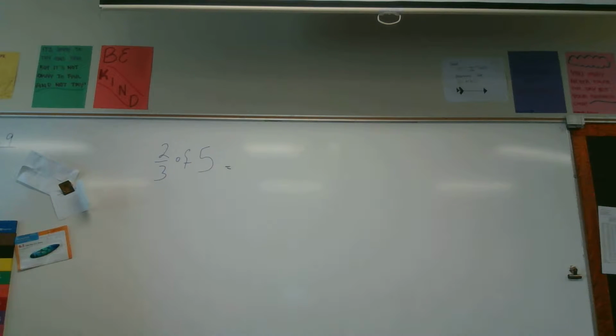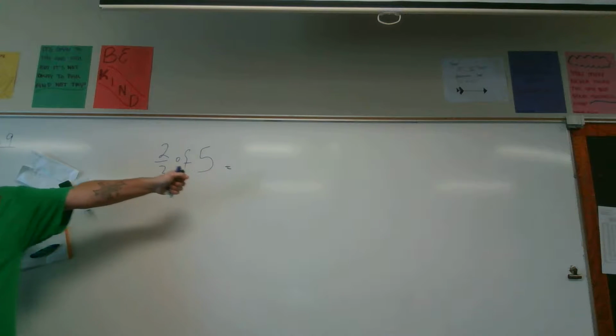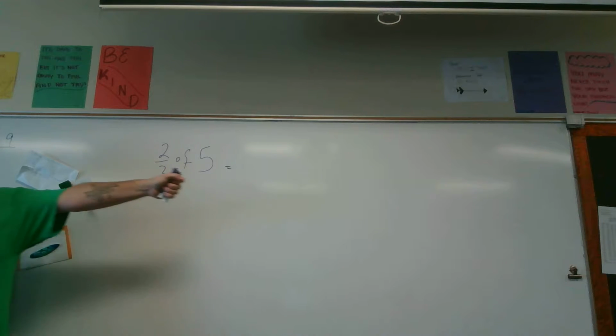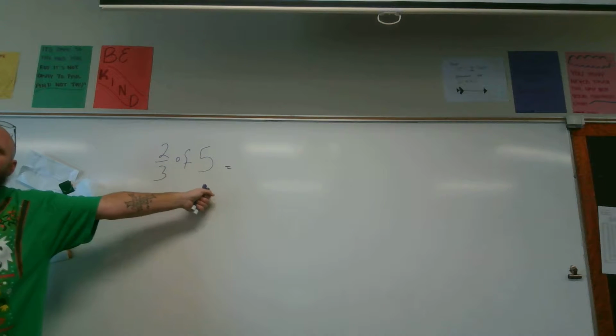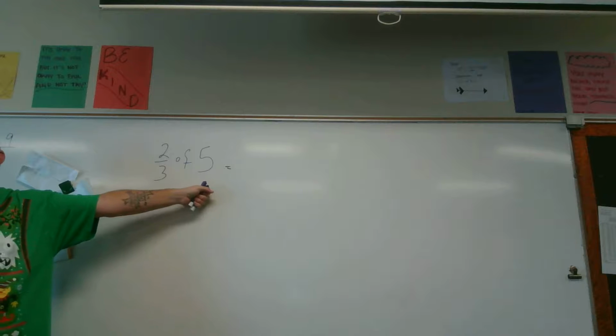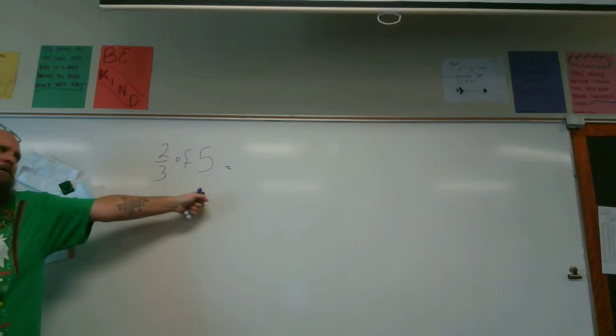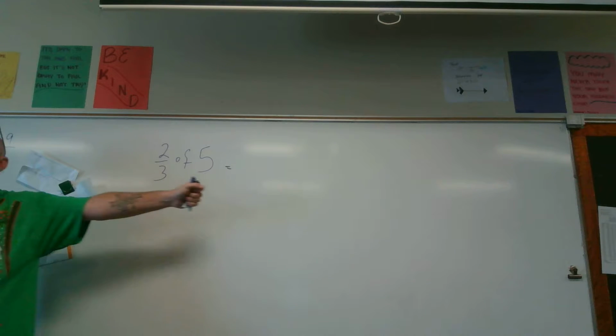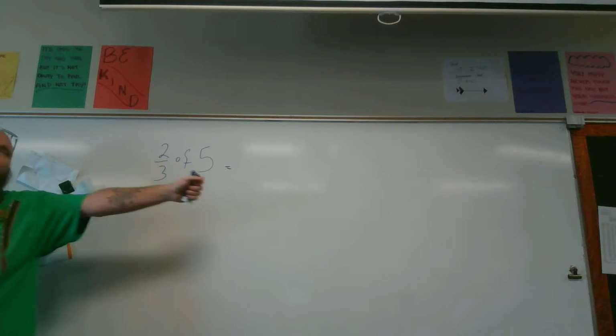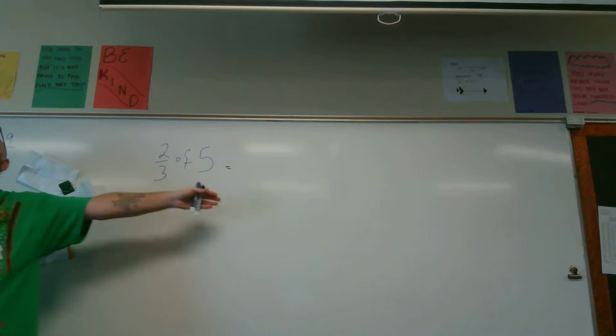So Jake, I need to do something to 5 to make it have a numerator and denominator, but I don't want to change the value. So please tell me how to change that so that it has a numerator and denominator without changing the value.